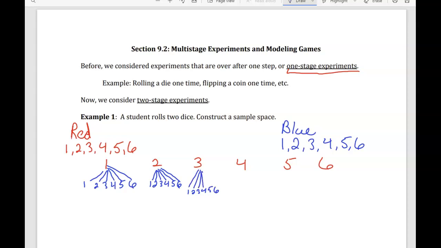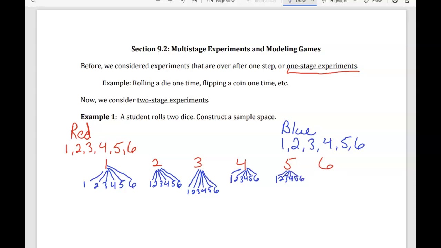I chose two different colors so that I would notice that just because I get a 1, 2, doesn't mean that it's the same 1, 2. It could be a 1 on the red die and a 2 on the blue die, or a 1 on the blue die and a 2 on the red die.